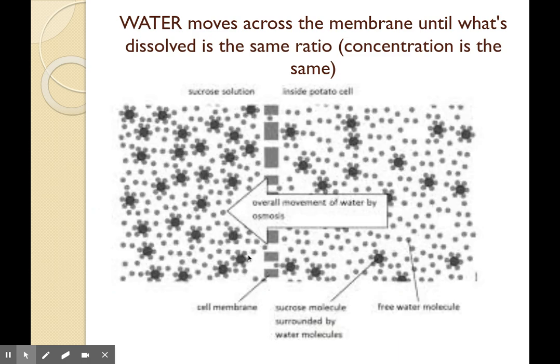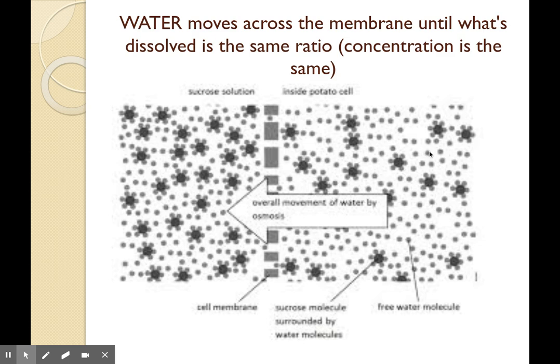In this diagram, we are inside a potato cell, and these daisy-looking molecules are sucrose, which is a sugar, and the little dots are water molecules. Right now, there is a much higher concentration of sucrose molecules on the left side of the membrane than on the right.